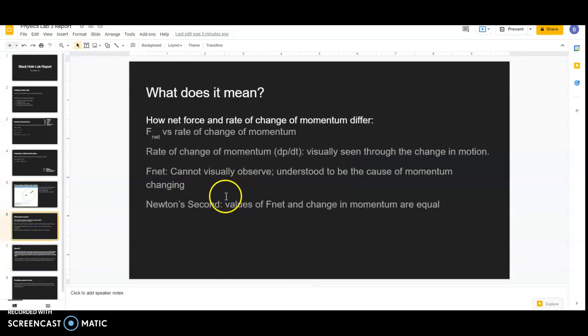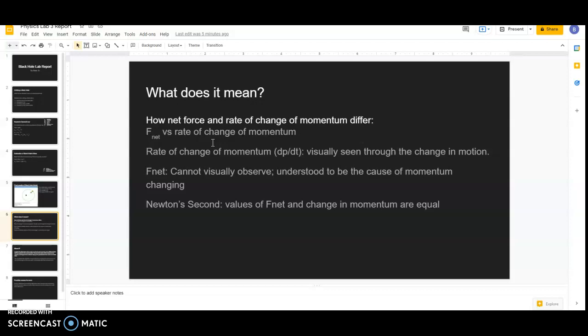In terms of the what does it mean question, asking about how net force and rate of change of momentum differ: the rate of change of momentum, dp over dt, is visually seen through the change in motion.